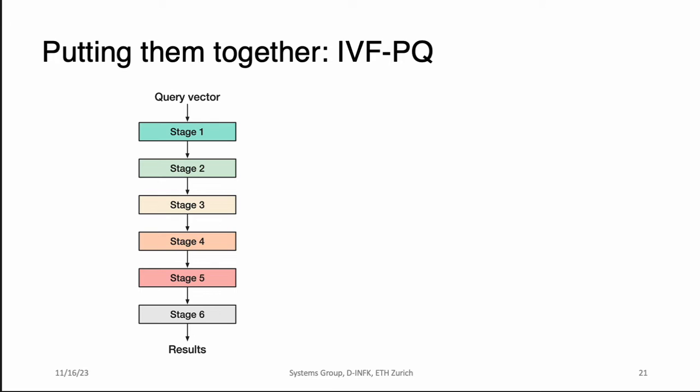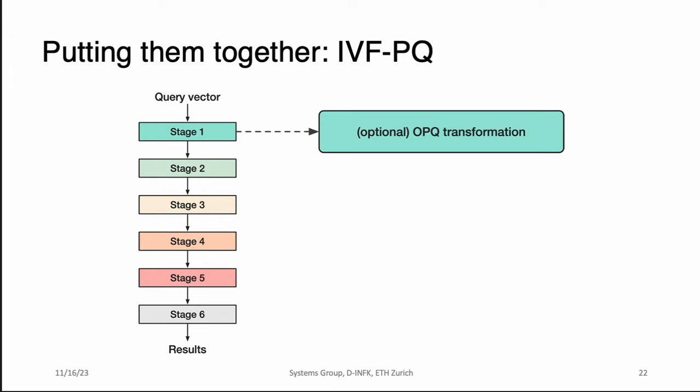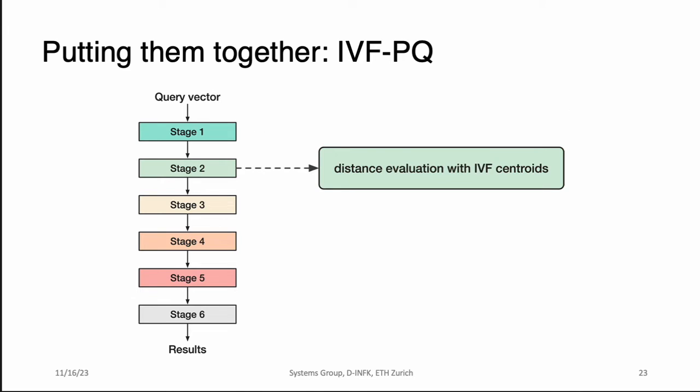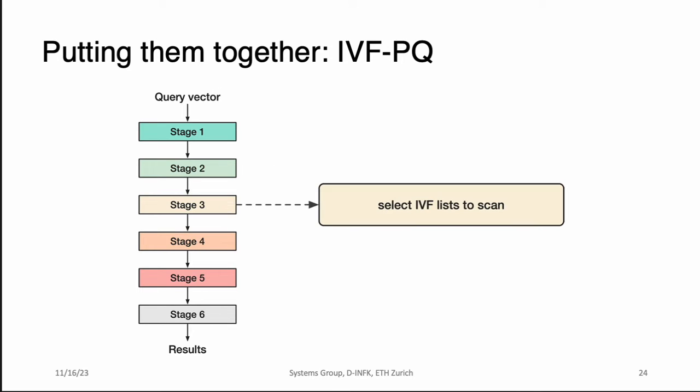Putting the IVF index and product quantization together, we have the very popular IVF-PQ algorithm, and here is a high-level overview of the workflow. When we receive a query vector, it starts by doing a simple transformation of the query vector. Then we have the index scan part, where we compare the query vector to all the centroids of those IVF lists.